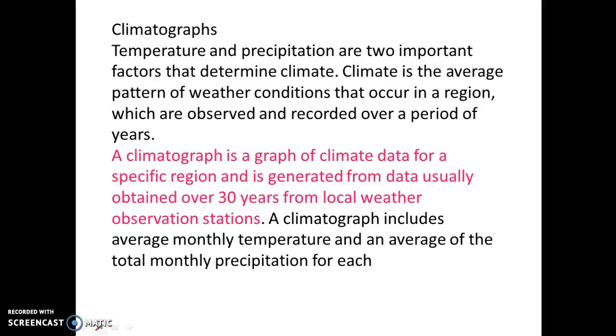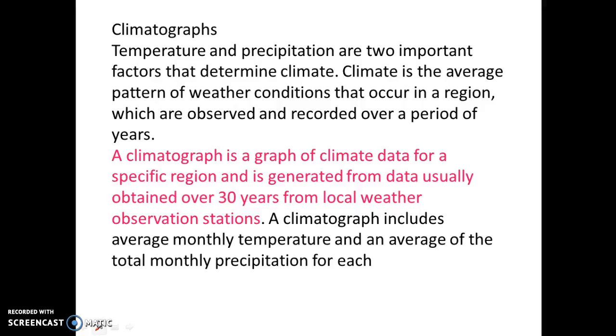So on the worksheet that has the pictures and the reading information, on the front of it, the second paragraph, there's a sentence which I have highlighted here on this screen that I want you to highlight on your paper. And it says a climate graph is a graph of climate data for a specific region and is generated from data usually obtained over a 30-year period from local weather observation stations.